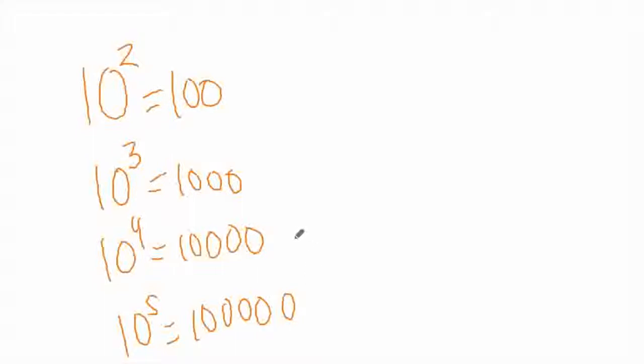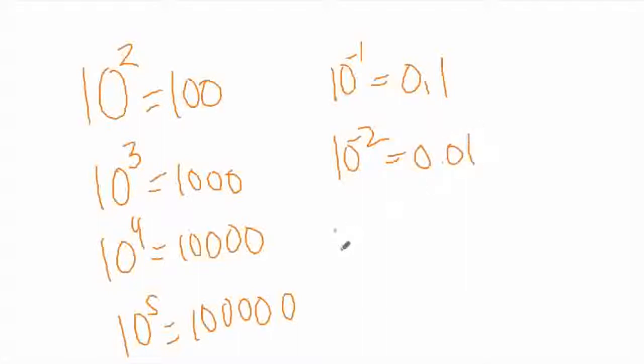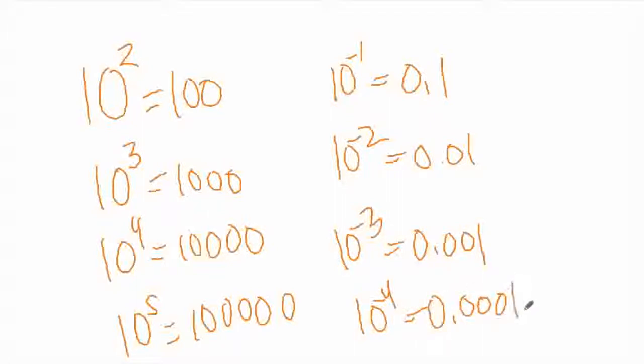And this is also true for negative exponents. We will talk in a different video in more detail about negative exponents, but I can go ahead and show you the pattern now for just a base 10. What's going on with the negative exponents is that the answer has one less zero to the right of the decimal than the absolute value of the exponent.